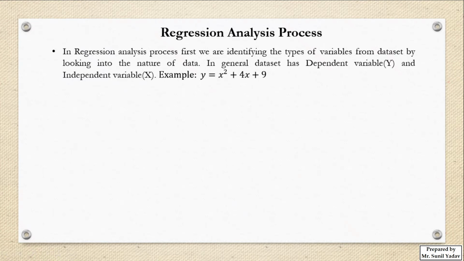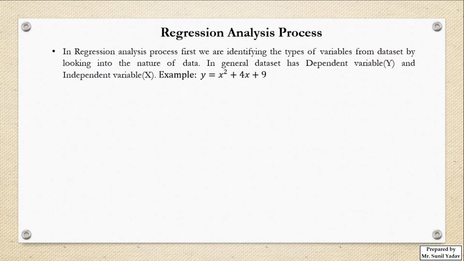Until we have the value of x, we cannot calculate the value of y. But x does not depend on any other variable, so that's why x is called the independent variable.